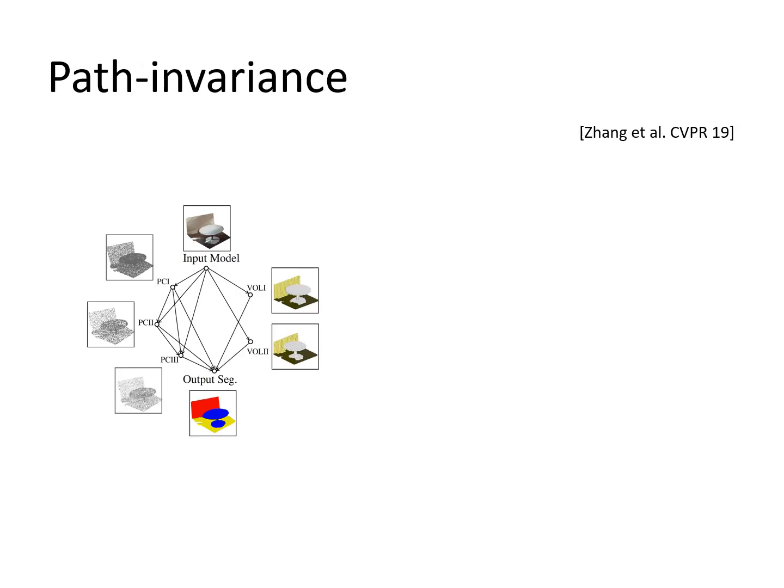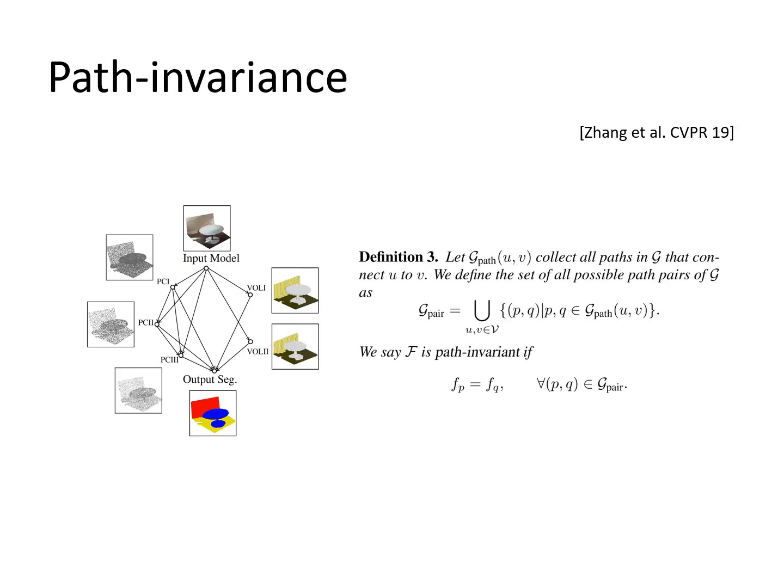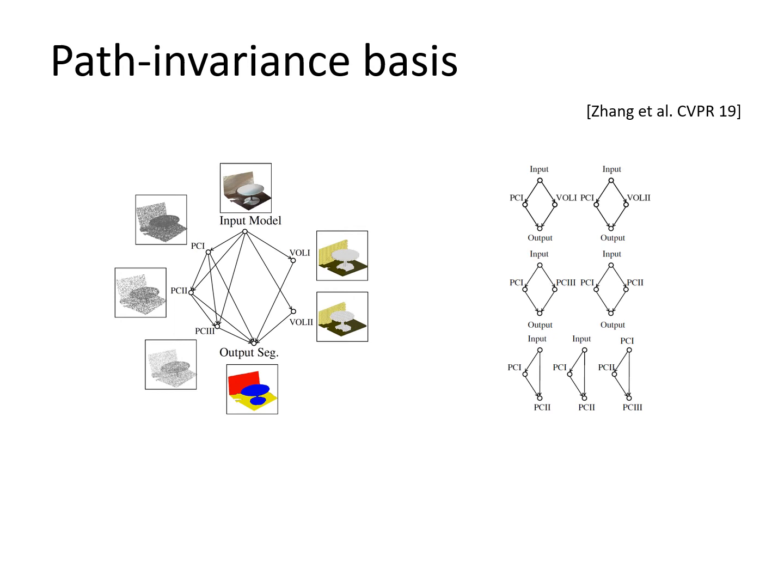Formally speaking, if we have more general graphs, we define the path-invariance constraints as the fact that the composite maps along all the paths between two identical nodes are equivalent. This is very easy to state, but what is interesting is that you don't really want to enforce all the path pairs.